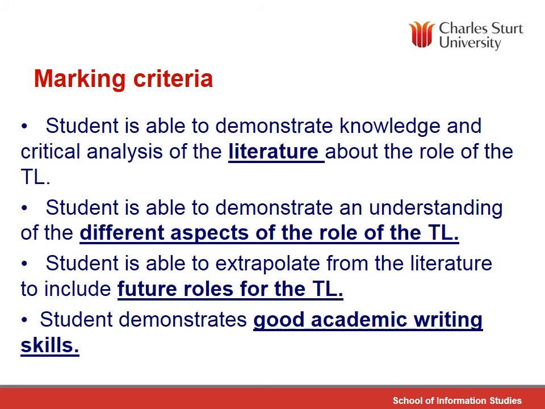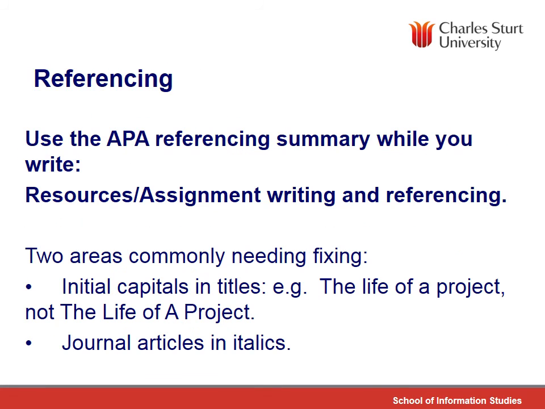Show good academic writing skills and use the APA referencing summary and look at these common areas where mistakes creep in for APA. For example, the initial capitals in titles. In that example there, the life of a project, not the life of a project with all initial caps. APA only has that one, the, as an initial cap.